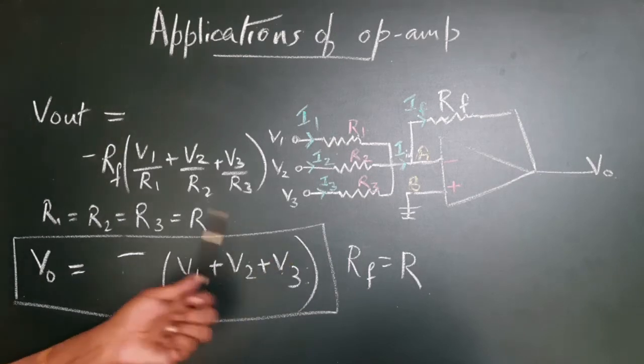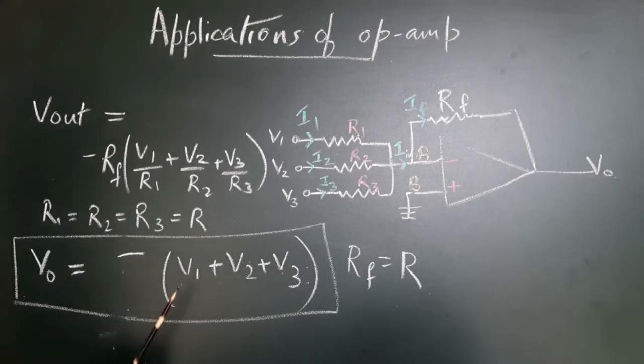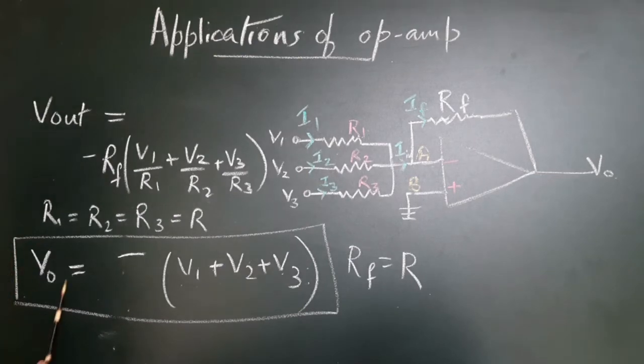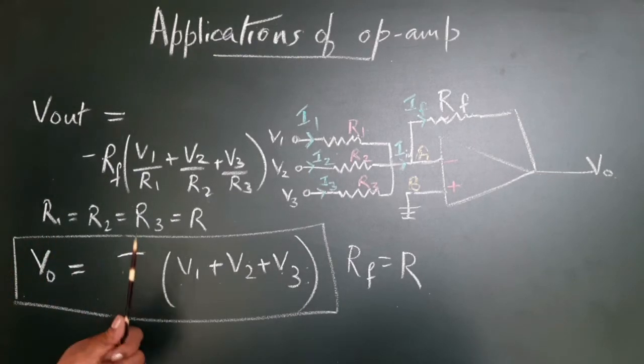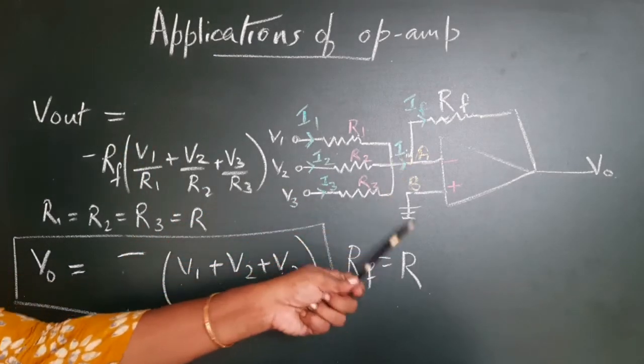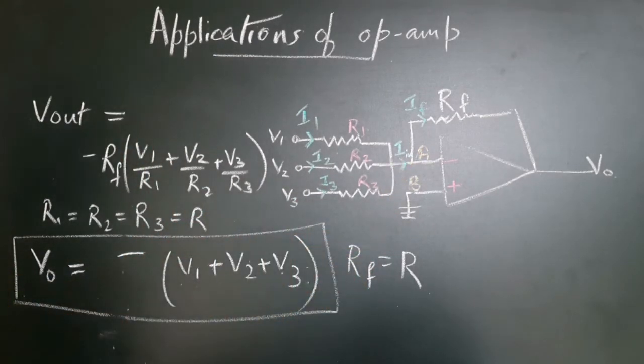So, this is a summing circuit. Of course, there will be a phase change between the input and the output. So, this is a point to be noted. V out is equal to minus of V1 plus V2 plus V3 in the case of this circuit. This is a summing circuit.